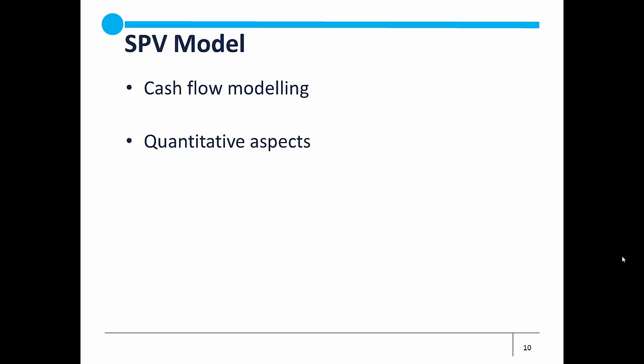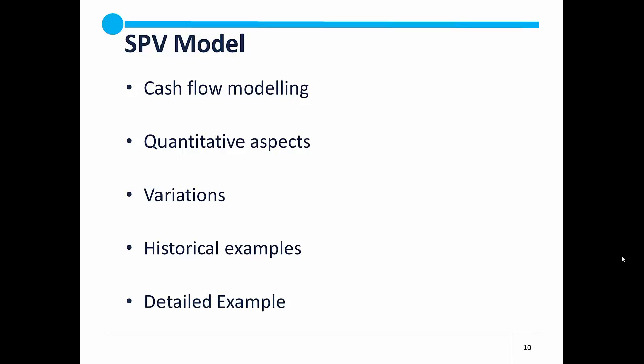Then we'll talk a little bit about the quantitative aspects of this sort of modeling. We'll go over some variations, so how much richness there is in these models. We'll briefly discuss some historical examples, and then I'll work through a detailed example in quite some amount of detail.